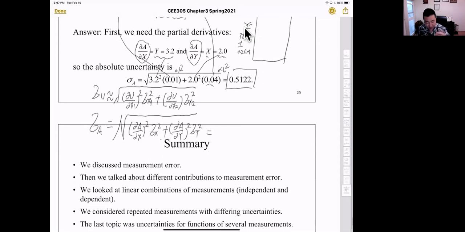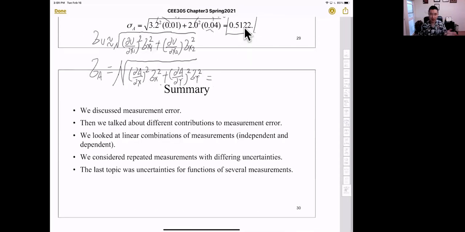So that's the end of chapter 3, which is pretty short compared to other chapters. We understand the measurement error, which consists of two parts. We also talked about different contributions to the measurement error, and the linear combination of measurements for both independent and dependent cases, but you should focus on the independent case.